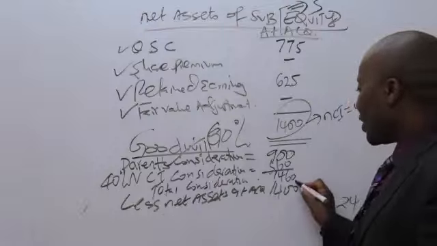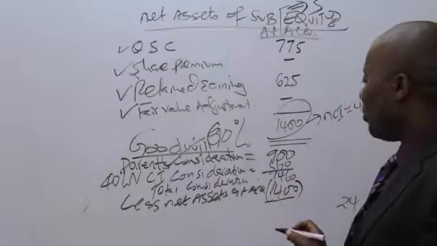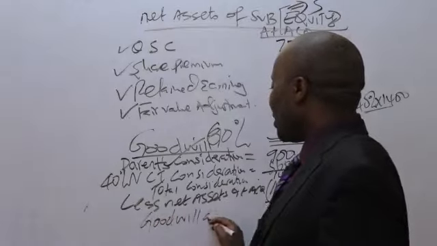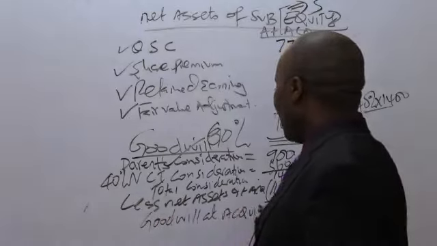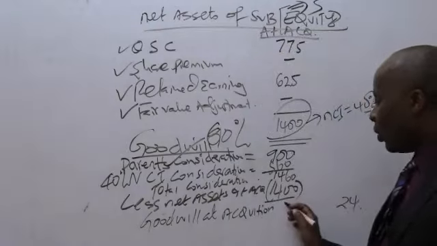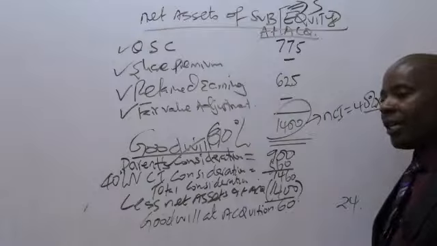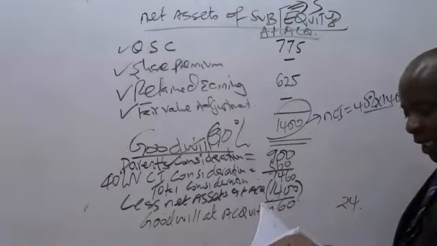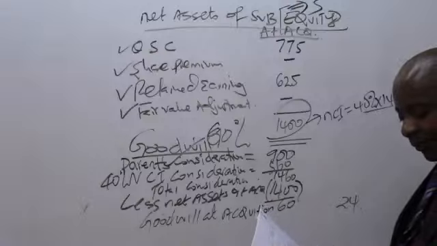So then come and subtract the net assets for you to be able to give us goodwill at acquisition. Goodwill at acquisition will be 60.